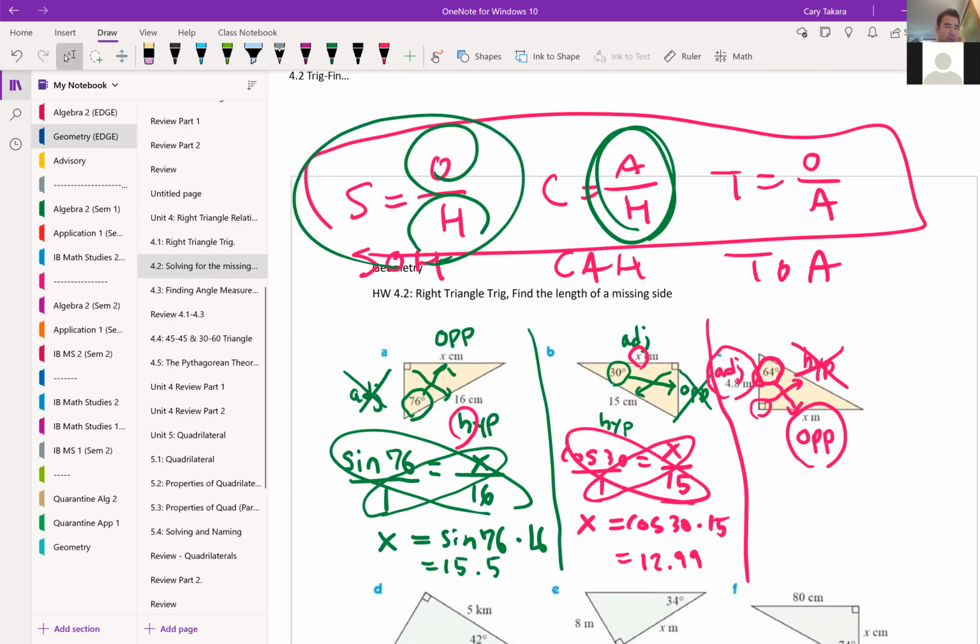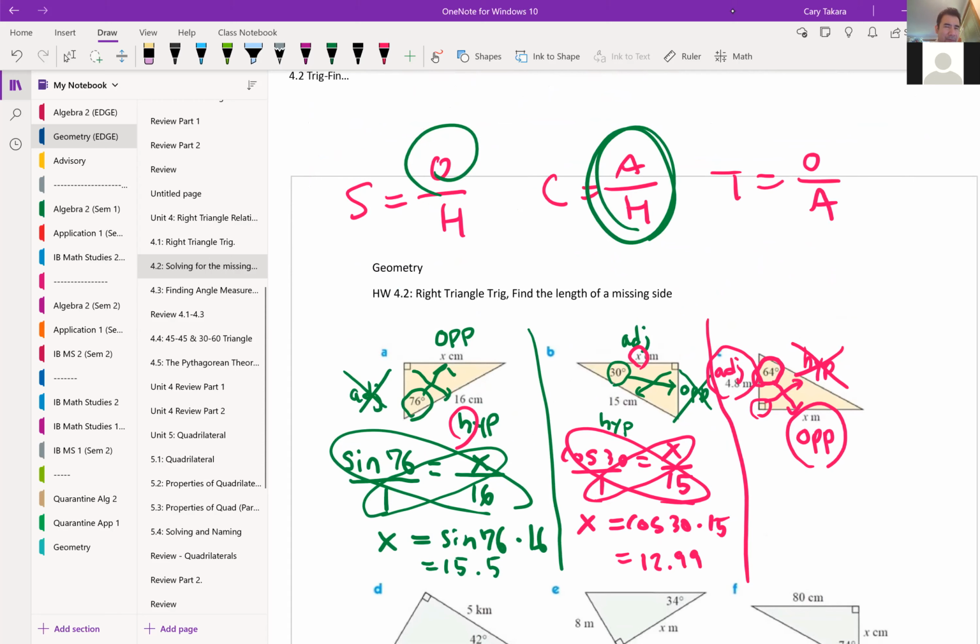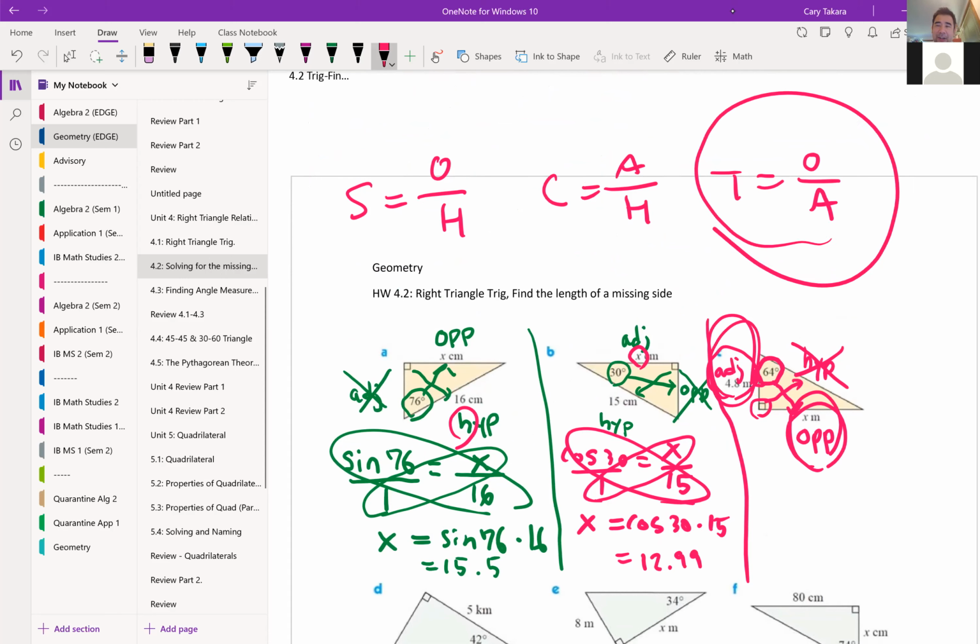Now, this SOHCAHTOA, I don't know how much of the class you've missed, but you look for the one that deals with adjacent and opposite. And that is this one right here. There's only one that uses the opposite and adjacent combination, and this has to be a tangent problem.